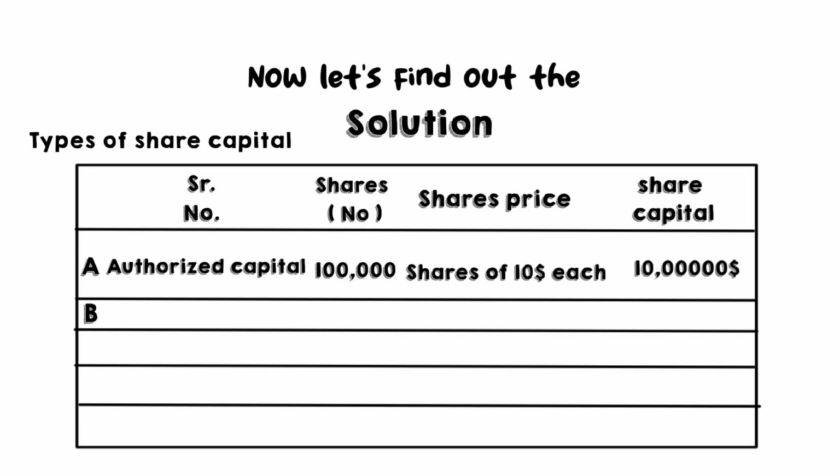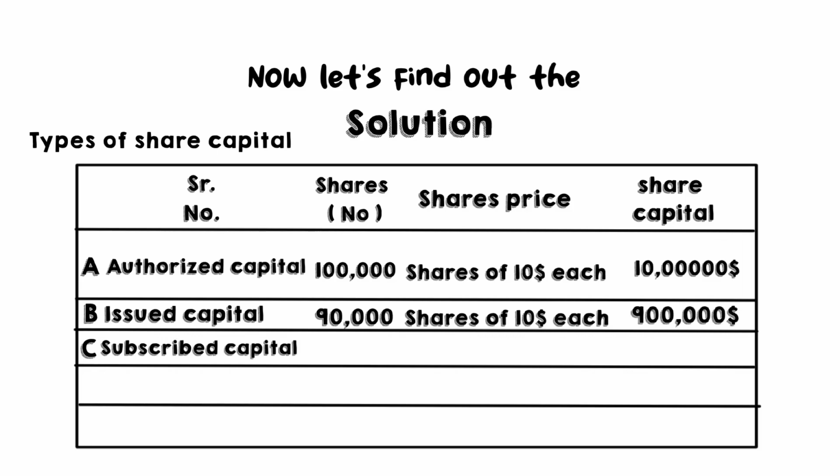B. Issued capital, 90,000 shares, $10 for each share, $900,000. C. Subscribed capital, 85,000 shares, $10 for each share, $850,000.